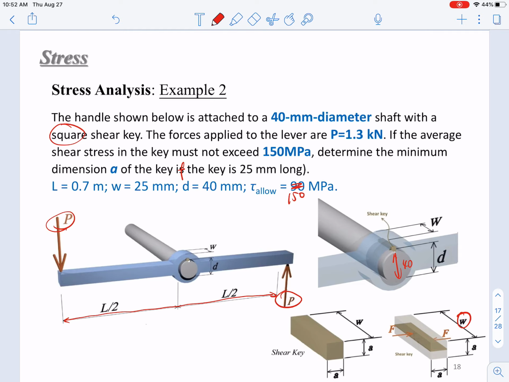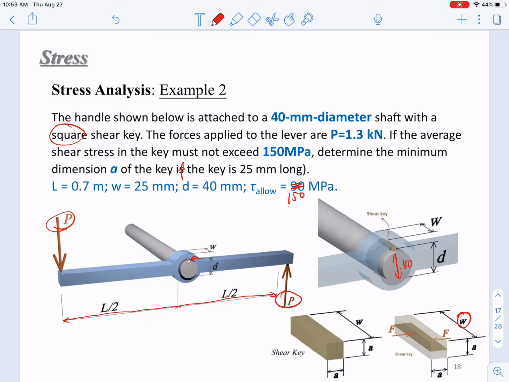Okay, so here in this example, let's do the analysis first. If you look at this handle system, when you load these two ends with 2P, this lever will push the shear key in this way.